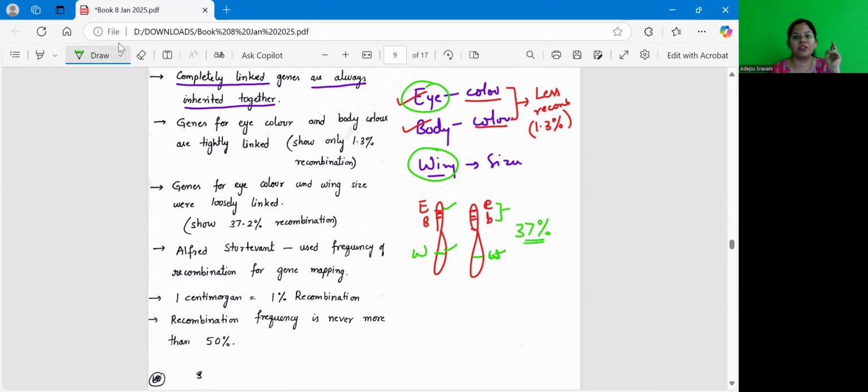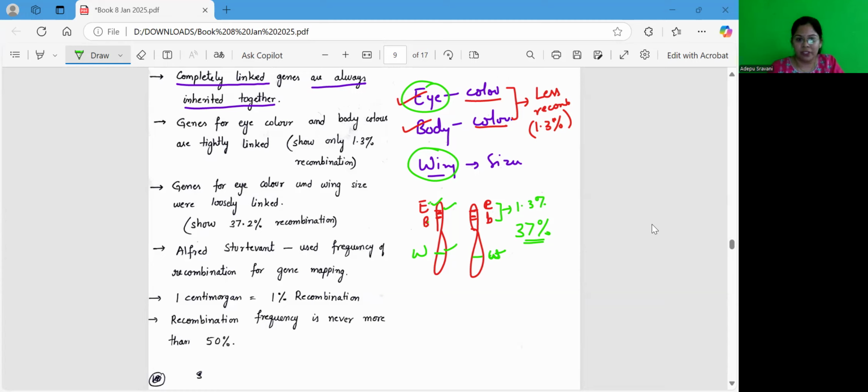And here the recombination percentage was only 1.3%. Okay, so with this data, we can say that the genes responsible for eye color and body color are very close to each other compared to the genes responsible for eye color and the wing size. Okay.